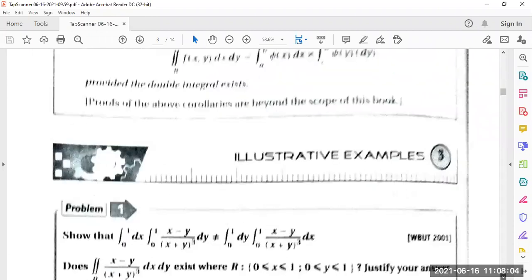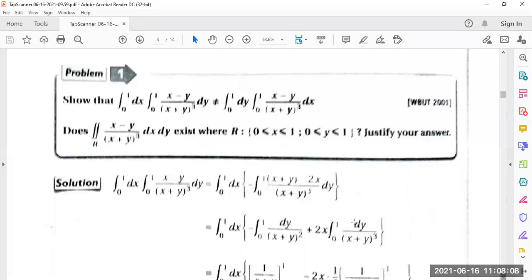Now we are taking some examples. Look here, one example is given: the integration from 0 to 1 dx of the integral of (x minus y) by (x plus y) whole cube dy is not equal to the integration from 0 to 1 dy of the integral from 0 to 1 of (x minus y) by (x plus y) whole cube dx. On the left hand side it is first dy, then dx, and here first dx, then dy.